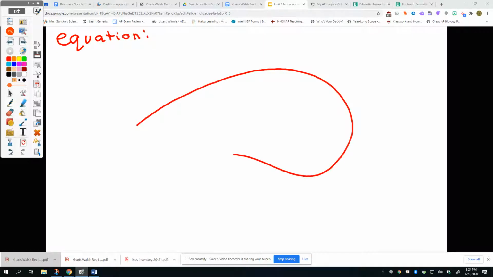All right, so let's do a quick review. Pause the video and write down the equation for photosynthesis. And once you've written the equation, draw this diagram.